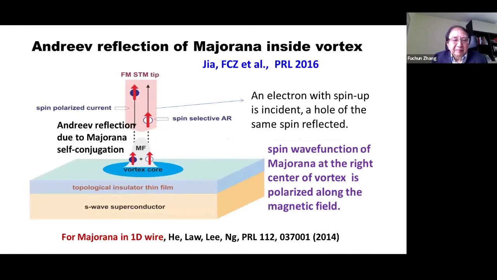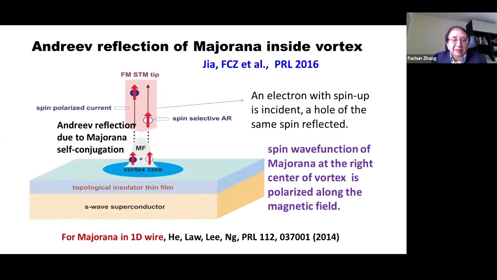So this is the cartoon to show the experiment. Again, I have S-wave superconducting on the bottom and the topological insulator thin film on the top. And the experiment only can measure the top layer of the topological thin film.